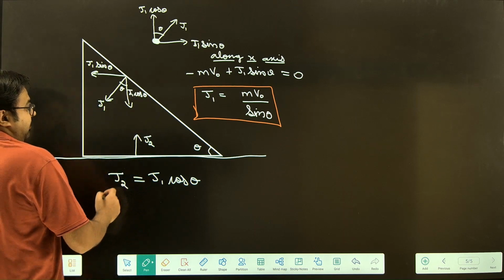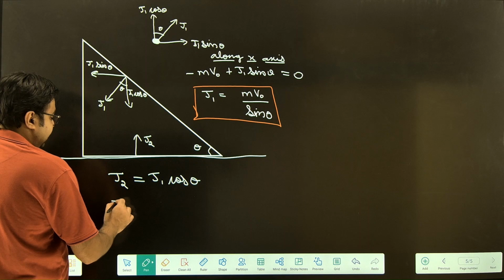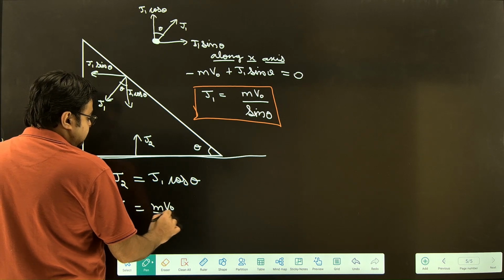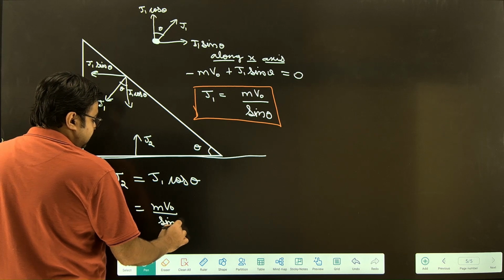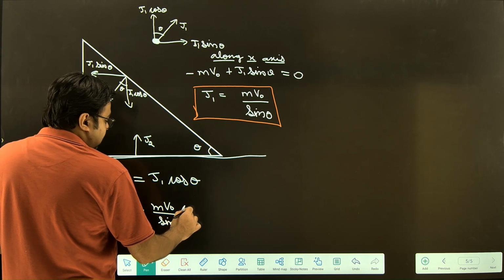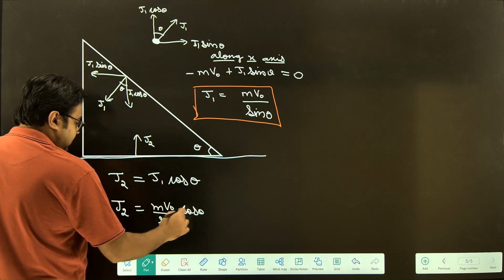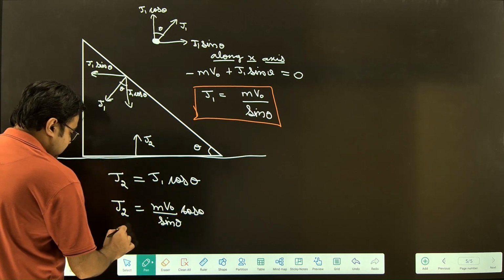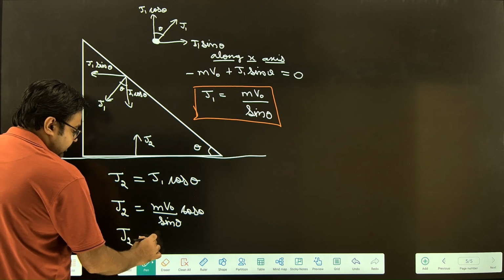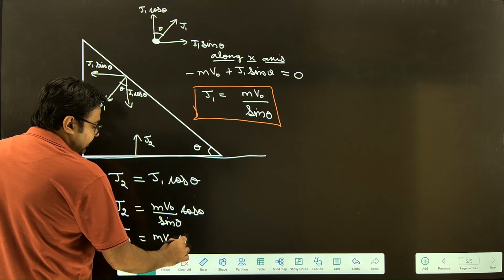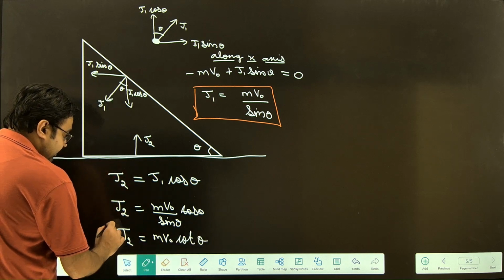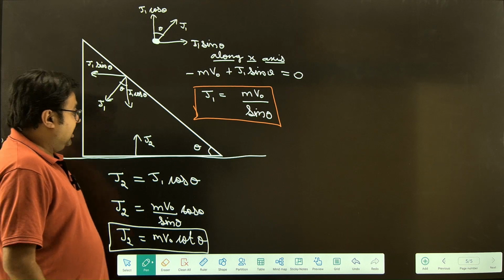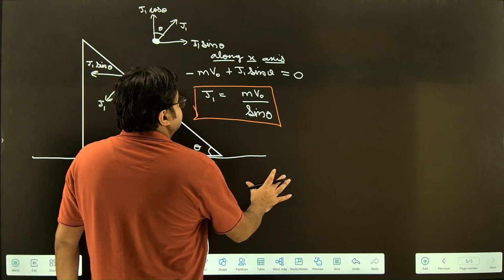Now we know what J1 is, so J2 can be easily figured out. J1 is mv naught divided by sine theta, into cos theta, and the answer you should get is mv naught cot theta. That is the impulse. Well, that's one part of the question.